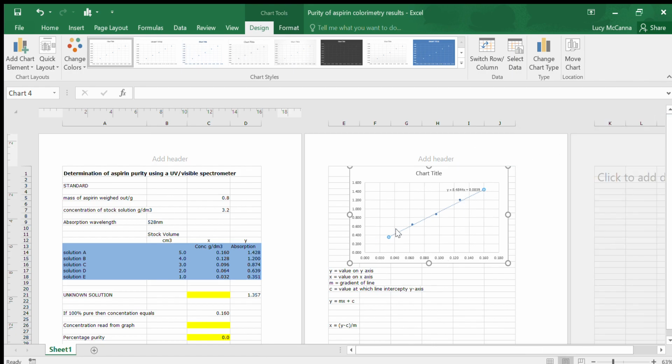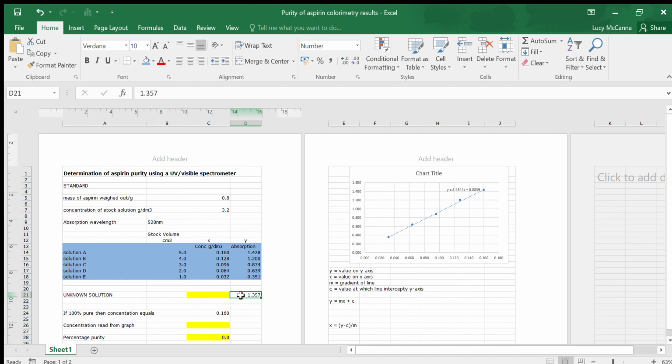So our calibration graph shows that if we know the concentrations of these solutions, we've measured their absorptions in the colorimeter, and this is the relationship that arises. What we're then going to do is use this information to find out the concentration of our unknown, because the thing we do know is that this unknown absorbs at this value, 1.357. Now, absorption, I've just told you, is on this axis.